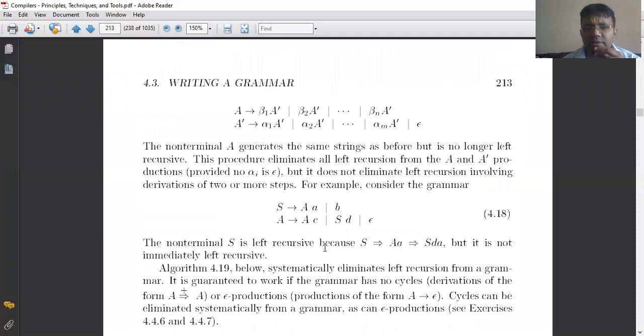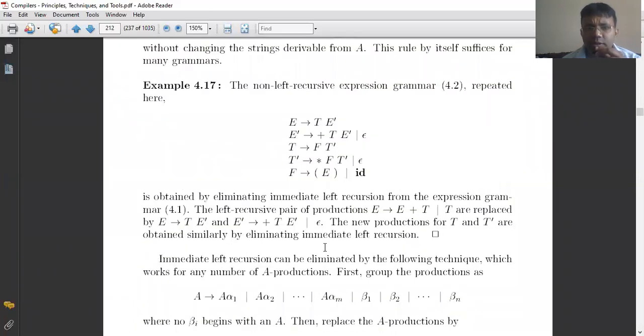So we have the non-left-recursive expression like this: E derives T E dash, E dash derives plus T E dash or epsilon. The rule E plus T has E as the leftmost symbol, which is left recursive.